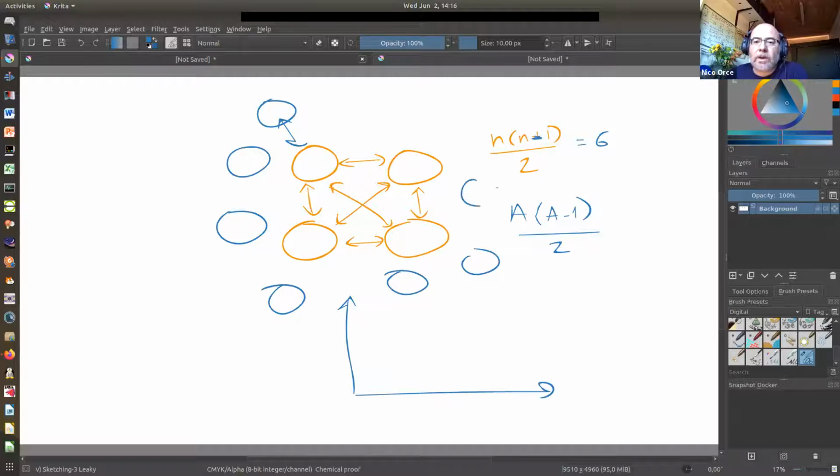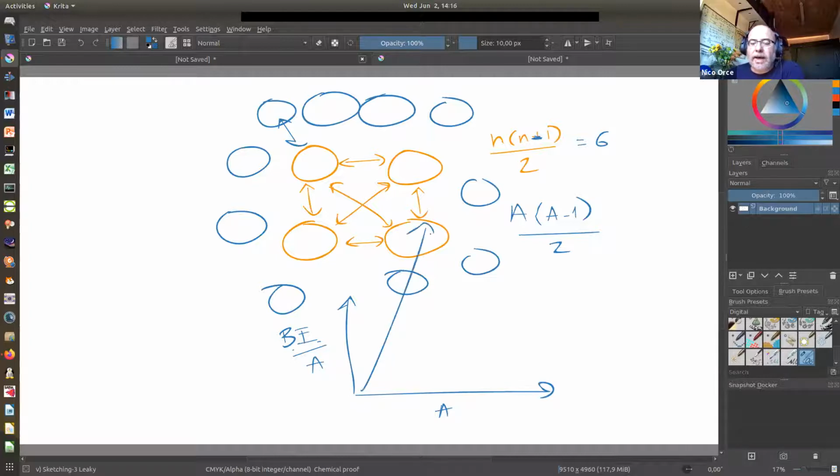So how will this look in our binding energy curve per mass? Basically, we will have a shooting all the way up, as it will happen for the masses, right?